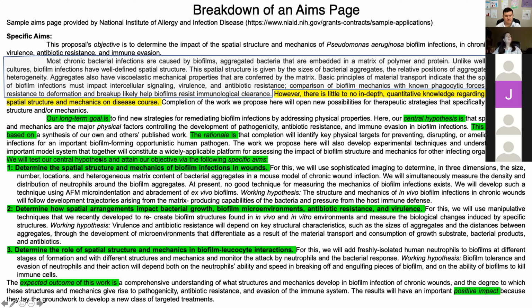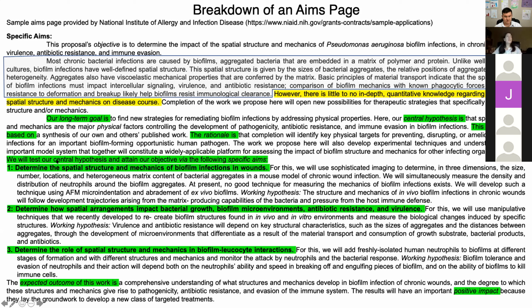So in addition to talking about all those bigger picture issues, you want to get a little more granular in your specific aims page and really start talking about your aims. So remember, we've talked about aims. Aims are the mini goals that you need to achieve to get to your long-term goal.